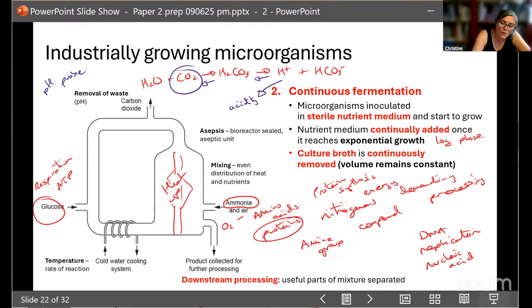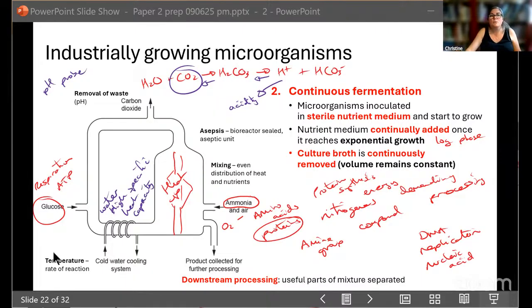So because of the property of water, because water has a high specific heat capacity, that therefore is going to ensure that we are able to maintain that temperature, that it doesn't get too high.